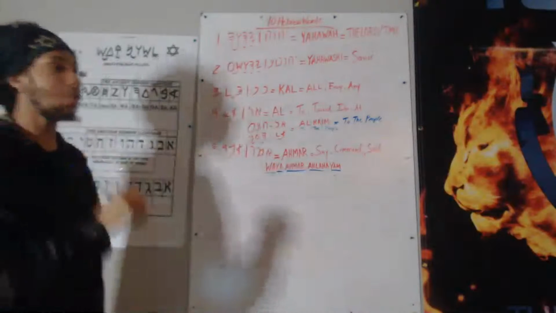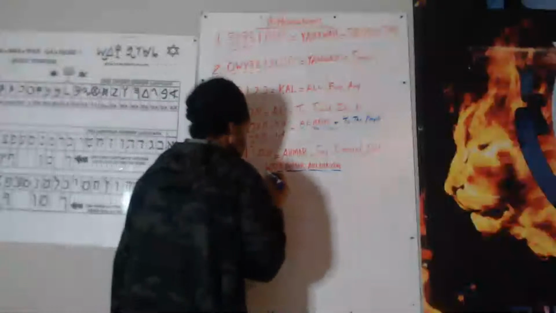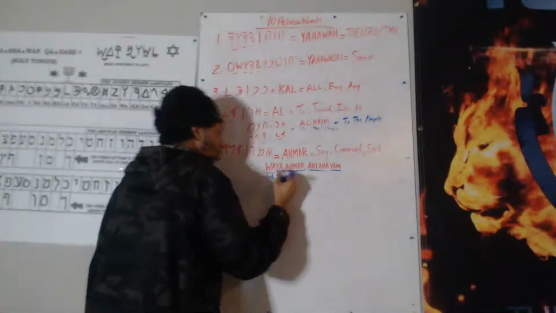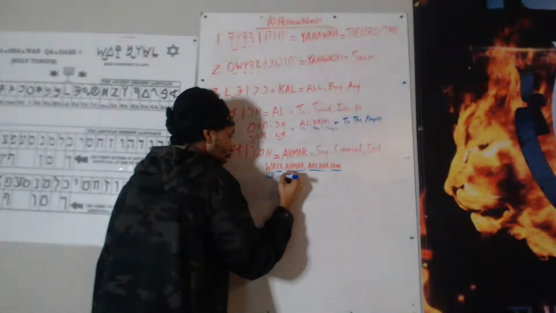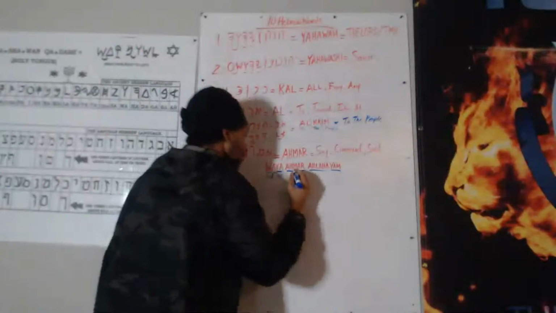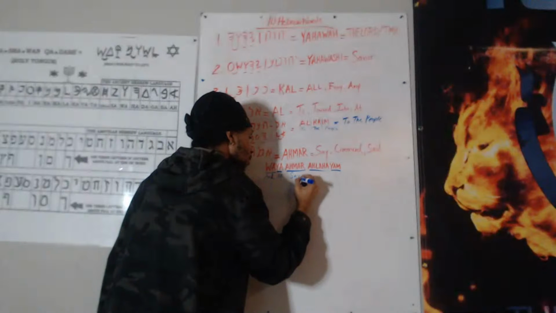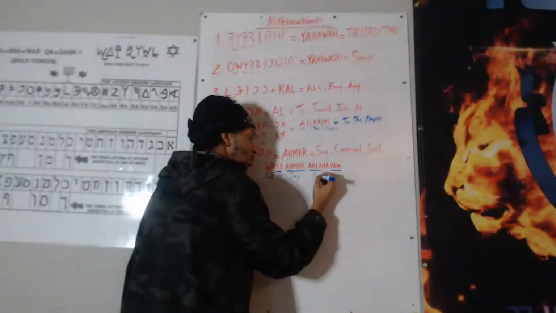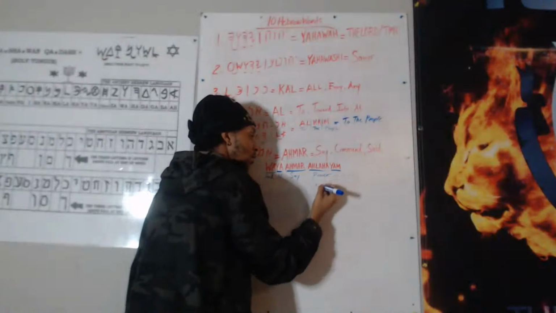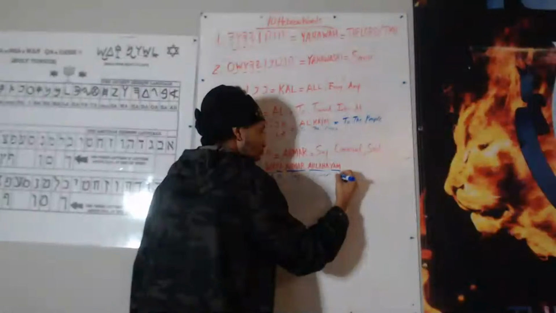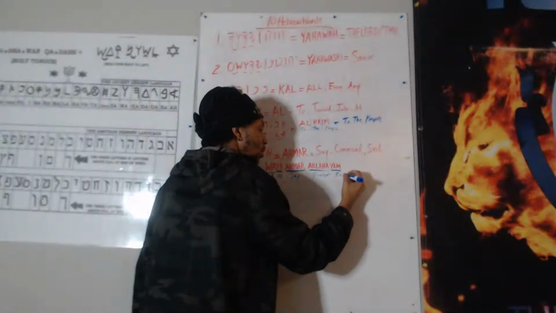They have a separate definition. Y is going to be in. Ya is going to be he. Amar is going to be, in this sense, say. And Eloh is going to be power, and im is going to be plural, so in this sense, it would be powers.